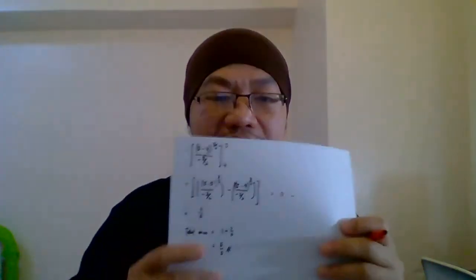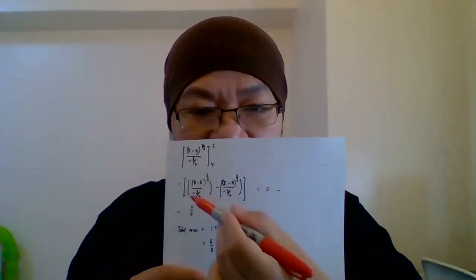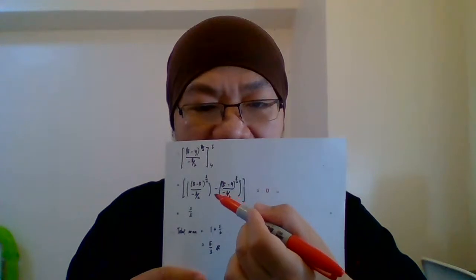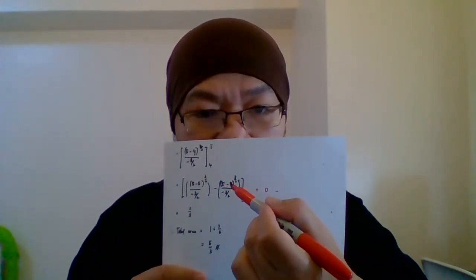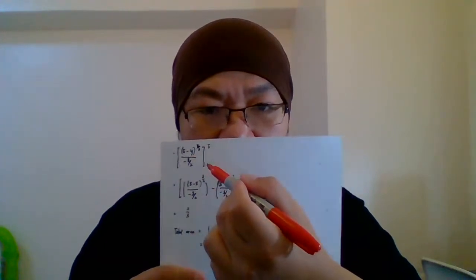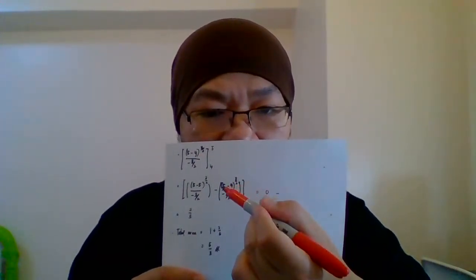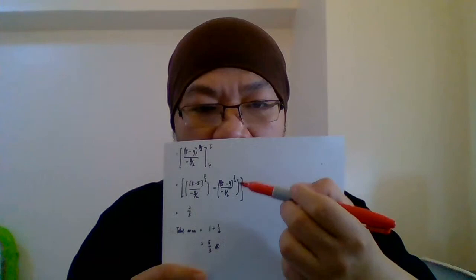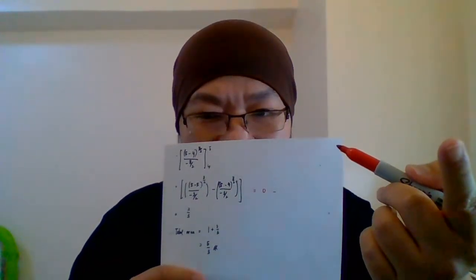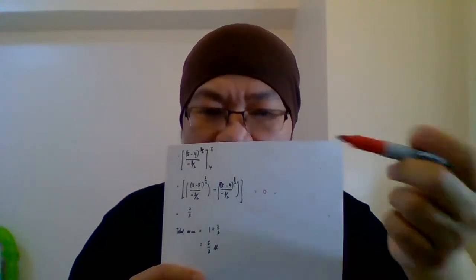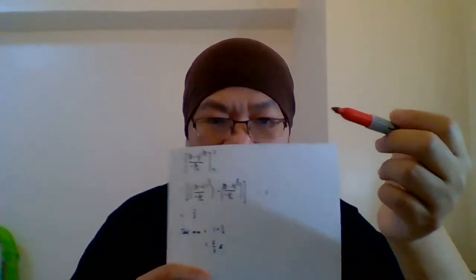Now we insert 4. 5 minus 4 is 1. 1 power of 3 over 2 is 1. 1 to the power of any number is always 1.